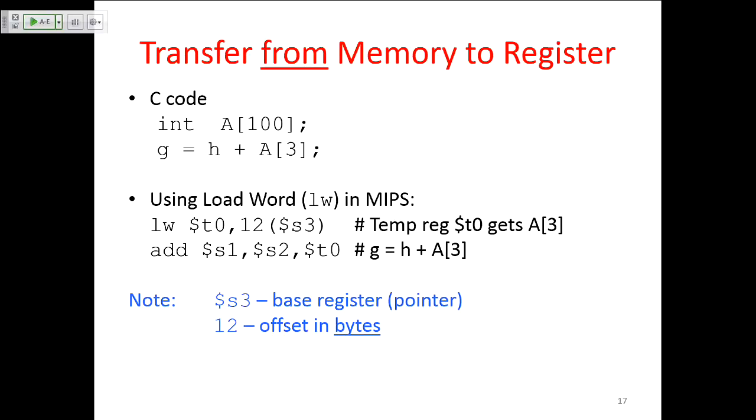So we have to very carefully calculate by how many bytes we need to jump in order to address the next element in the array. That again depends on what our array is. Is it int or is it char, right? Or things like that. This offset of 12 is not a variable. You cannot put a variable, like another register such as $S1, in the bracket with $S3, because that offset needs to be known at compile time.